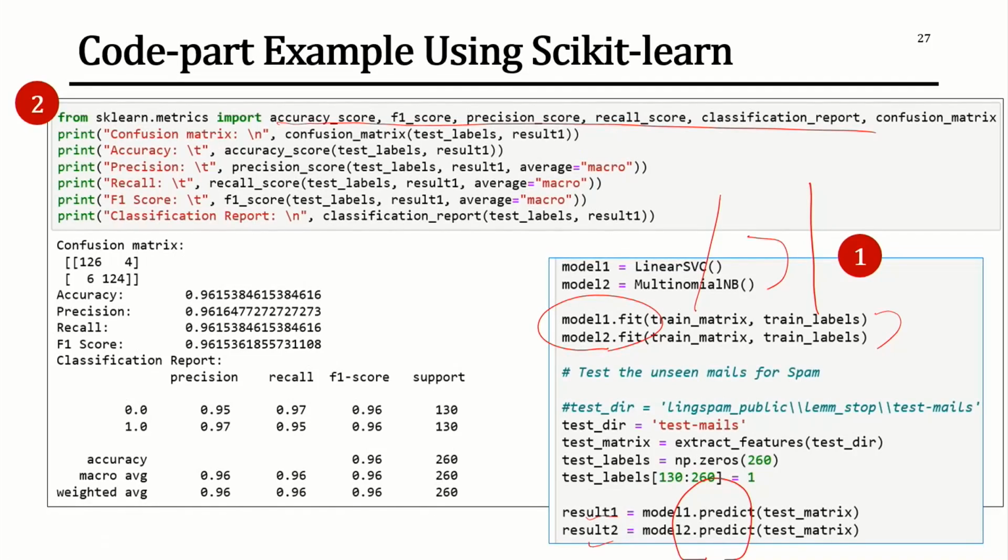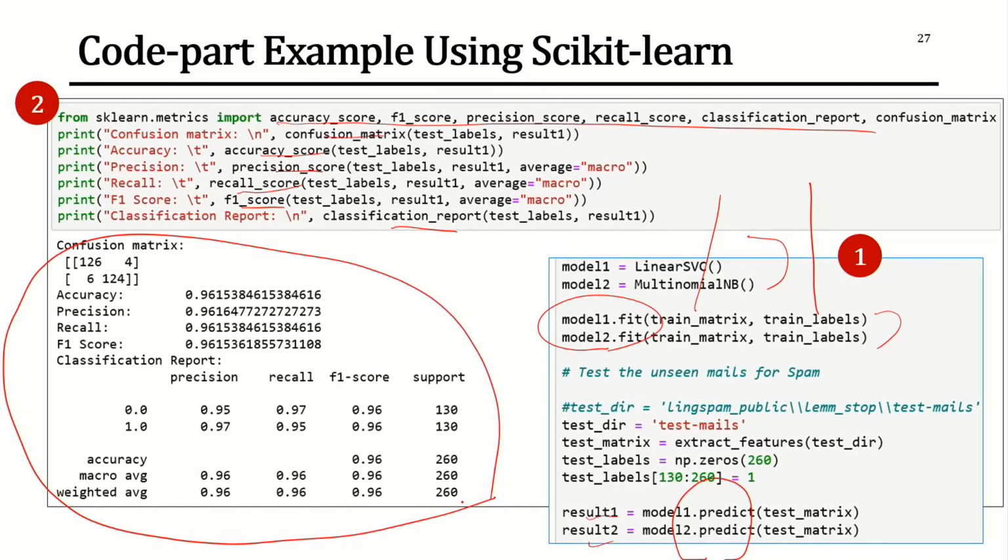So we have the confusion matrix, accuracy score, precision score, recall score, F1 score, and last but not least, we have the classification report, which gives us more important information to evaluate our model. So from this result, we can decide whether we should collect more training data to train our model, or we can say that our model is now good enough that we can use it for further problems.